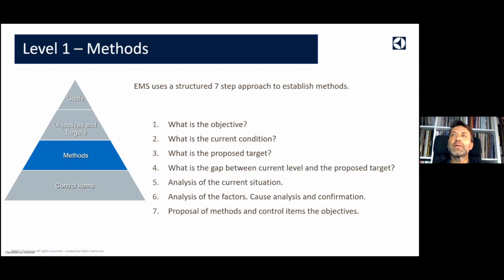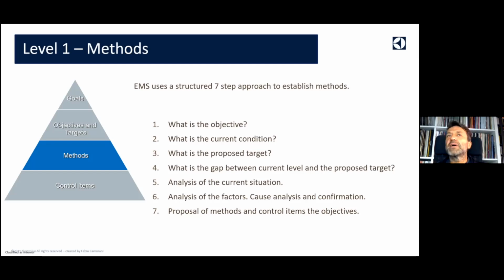Fourth step, we start evaluating the gap between where we are and where we dream to be. So we have a measure of the gap. We have 3, we would like to be 4. Okay, the gap is 1, and we have a very visual representation of the gap.